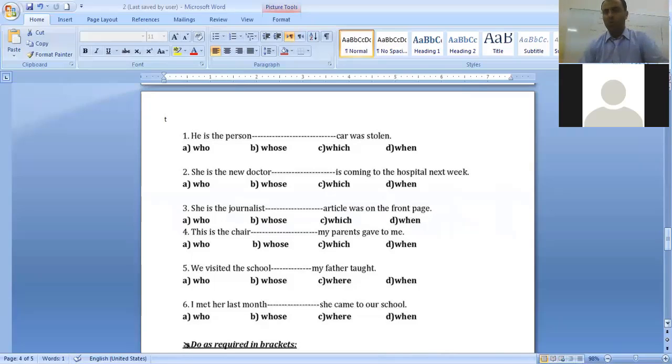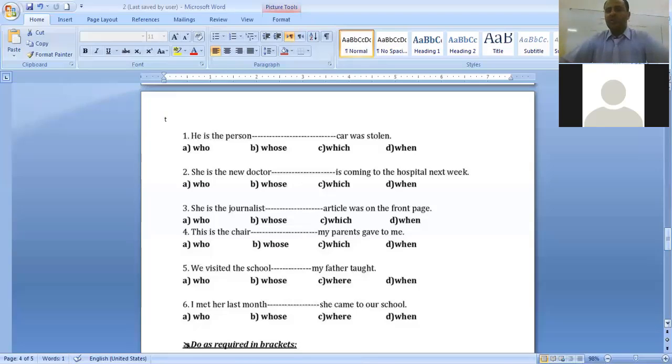Here, who, we use it if we are talking about persons, people, we are adding more information about someone. And then whose, we use it if we are talking about possession, something belongs to someone or something in the two sentences. Which, we use it if we are talking about things. When, we use it if we are talking about time.